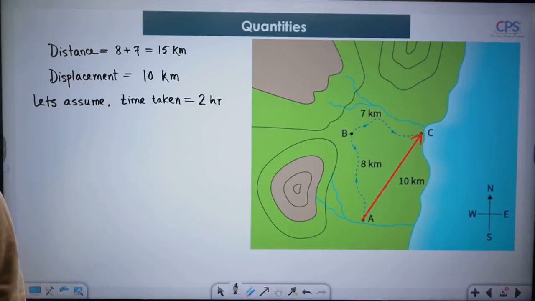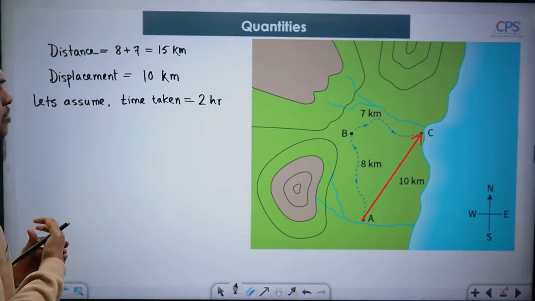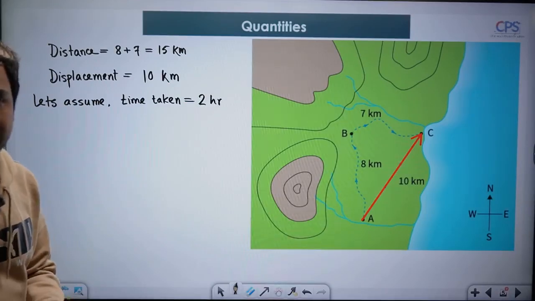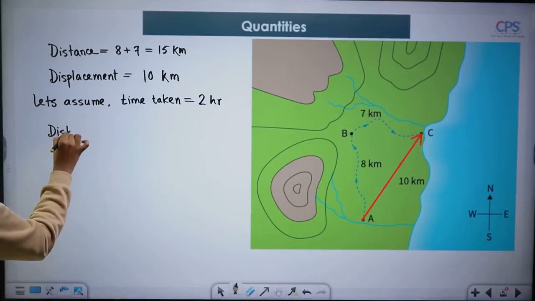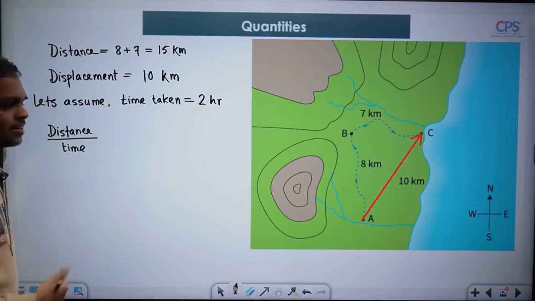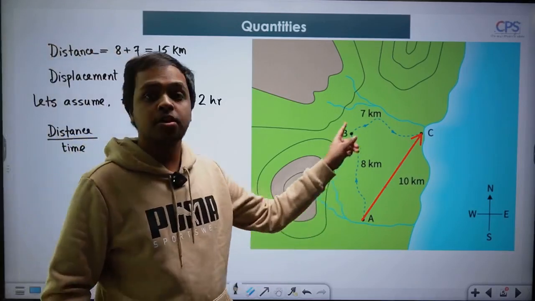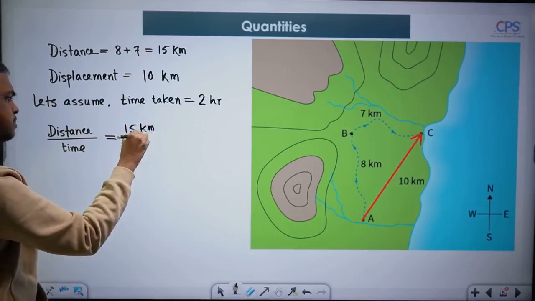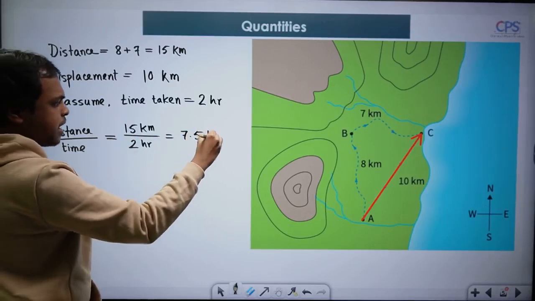So I can identify the rate of distance covered. Distance by time: what I am calculating is how much is the rate of distance covered for that person. So distance is 15 kilometers divided by 2 hours, and that's 15 by 2 or 7.5 kilometers per hour.